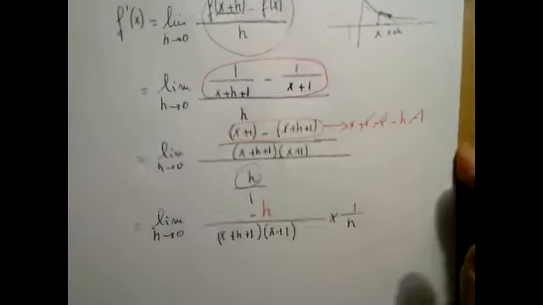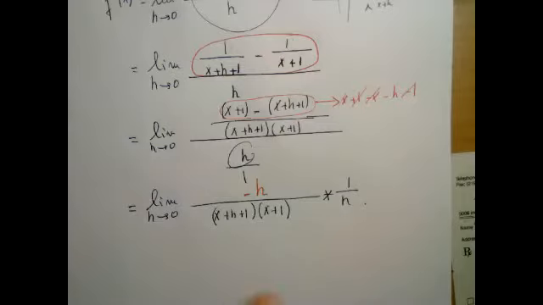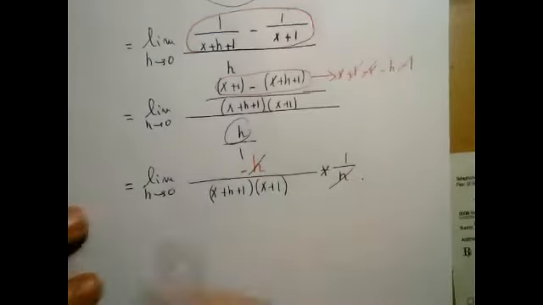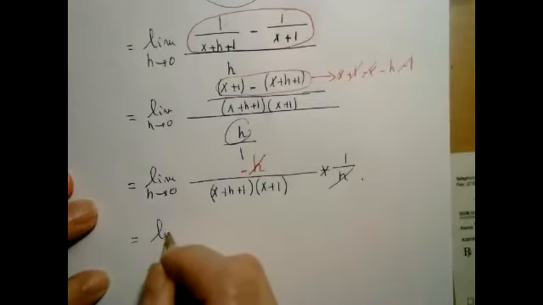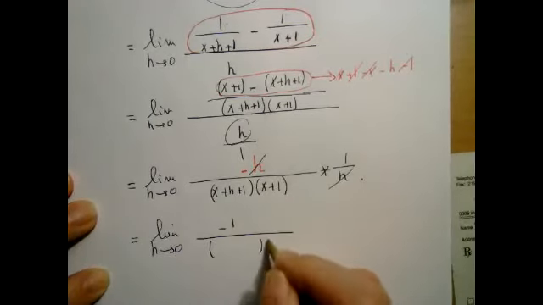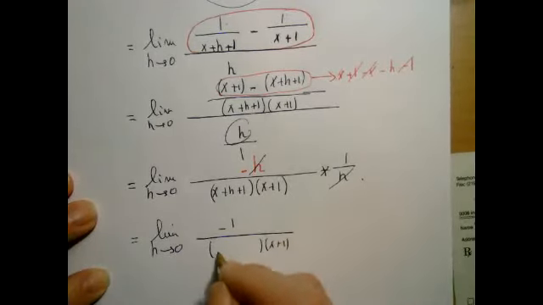So we're doing well. The h will simplify because it's part of a product, and I will end up with the limit as h goes to 0 of minus 1 over this whole quantity up here.